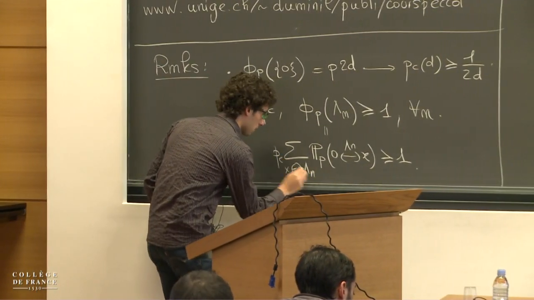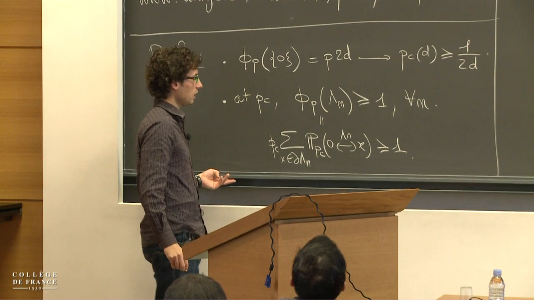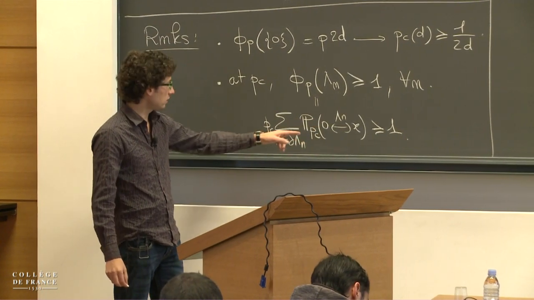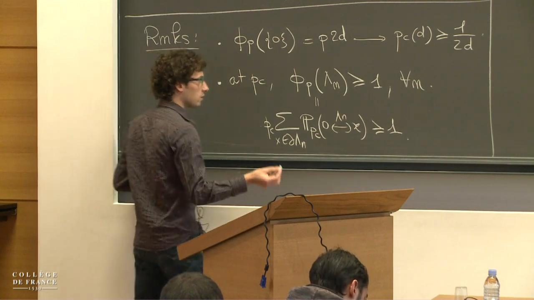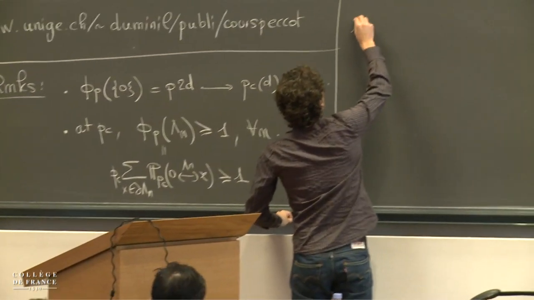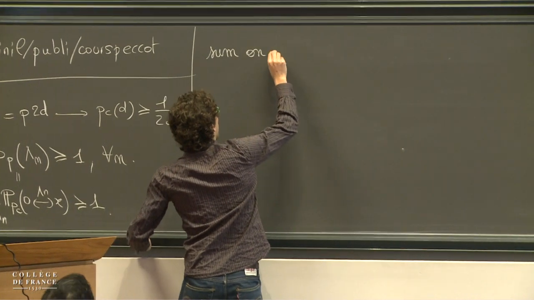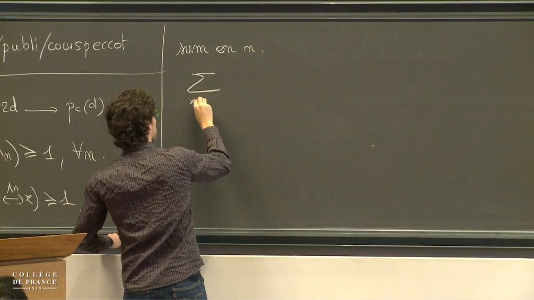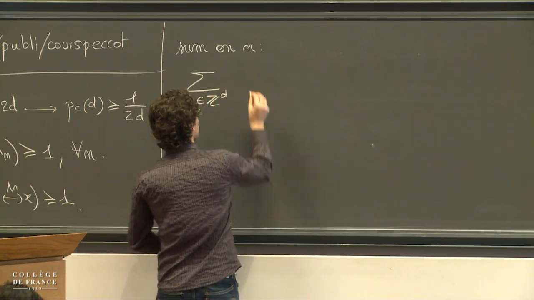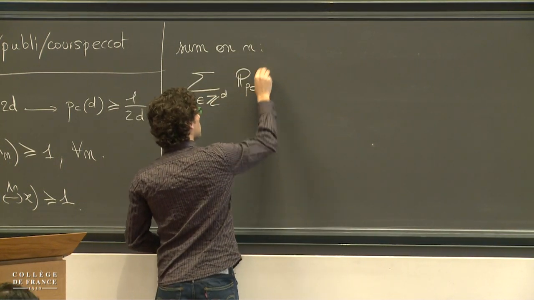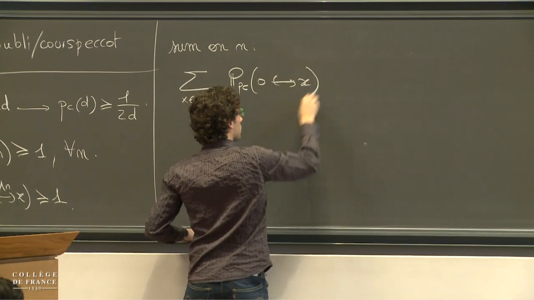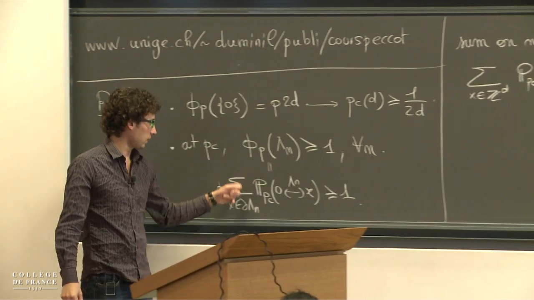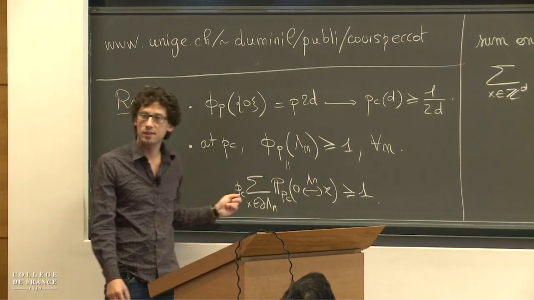But now sum on n, and notice that by summing on n, what do you get? Well, you get that the sum for x in Z^d of the probability at pc that 0 is connected to x has to be larger or equal to the sum of these things, which is larger than 1 over pc.